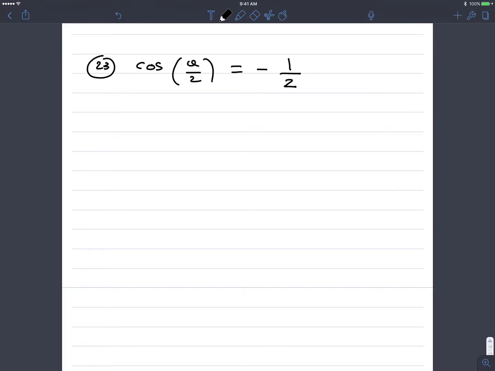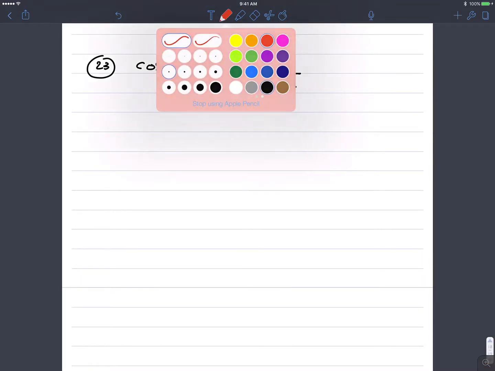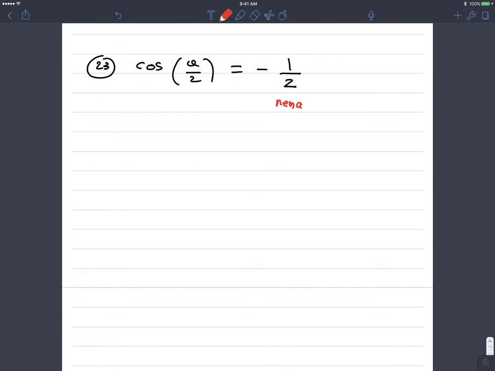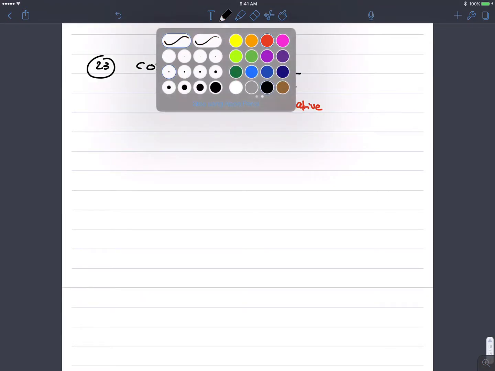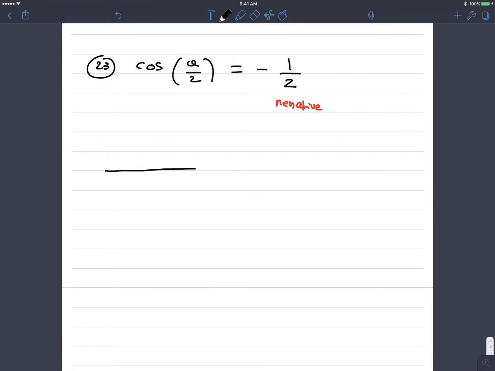All right, so as you guys notice, we're going to start the process. This is again what? This is negative. So we're going to have to consider our reference situation. Quadrant 1, quadrant 2, quadrant 3, quadrant 4. All students take calculus. Okay.